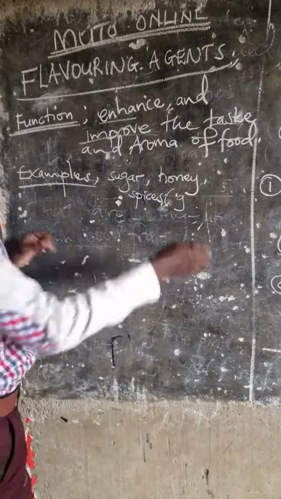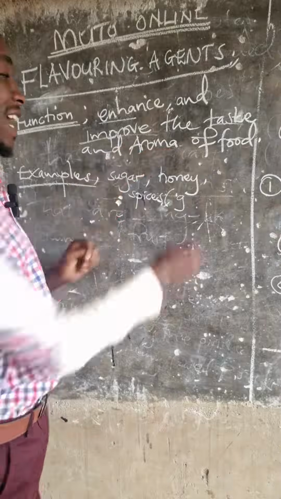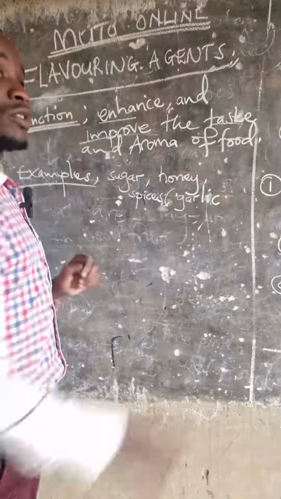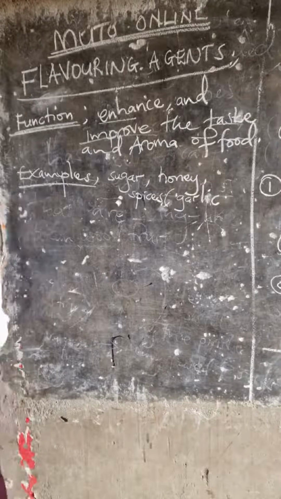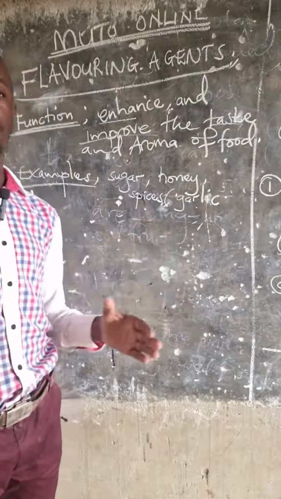All of those, the onions, all of these improve the aroma. The garlic improves the aroma of the food. When you add tomato to the food, that is the way the food tastes good.